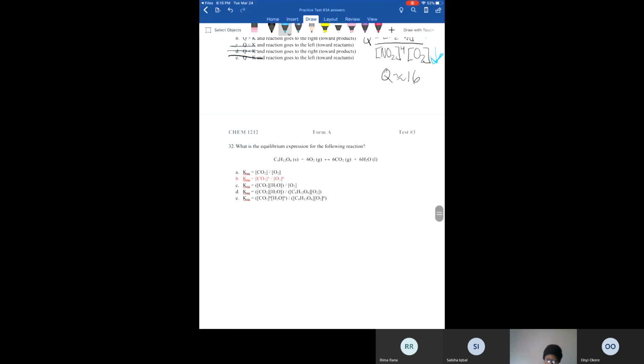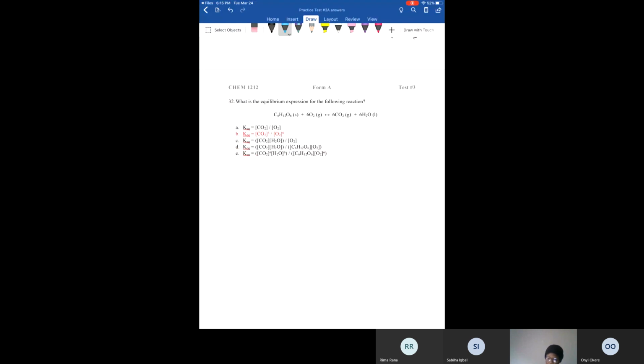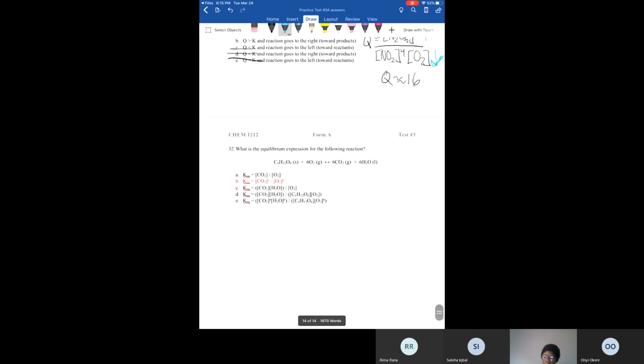So, what is the equilibrium expression for the following reaction? Here is a good trick for if you forget which way it goes. If that helps you, just be certain that Q's on the right side, if that makes sense.